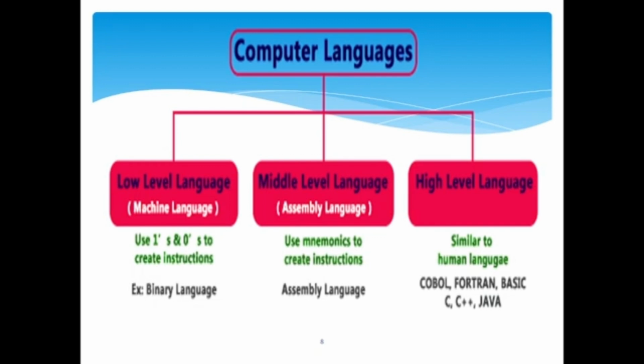Middle level language is assembly language. We use mnemonics to create instructions or to create a program. Mnemonics are nothing but some patterns. And high level language is similar to human language. The best examples of high level languages are C, C++, Java, etc.